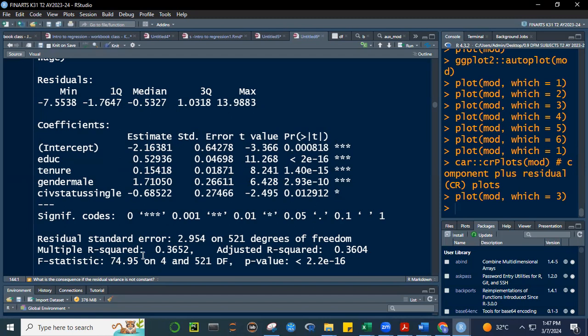So unbiased pa rin to. Ang problema natin, class, itong standard error natin. The way this is computed, kung heteroscedastic yung residuals natin, magkakaproblema tayo dito sa pag-compute ng standard errors. So the estimate is unbiased, pero yung standard errors, mali na.